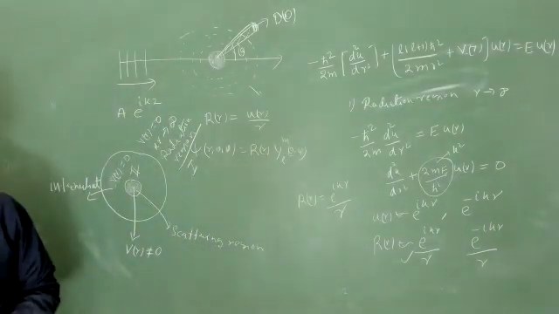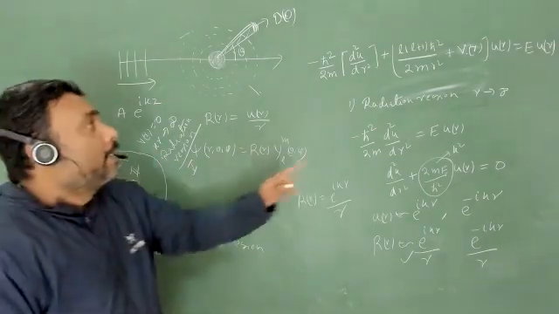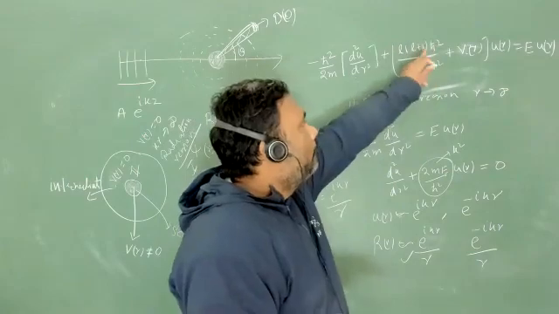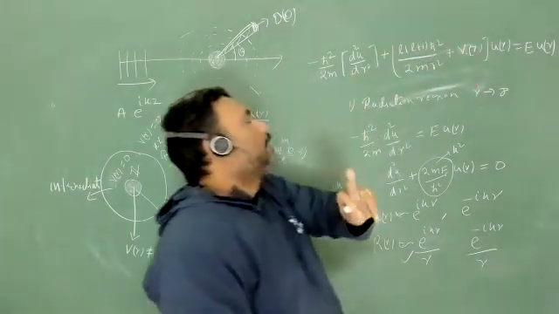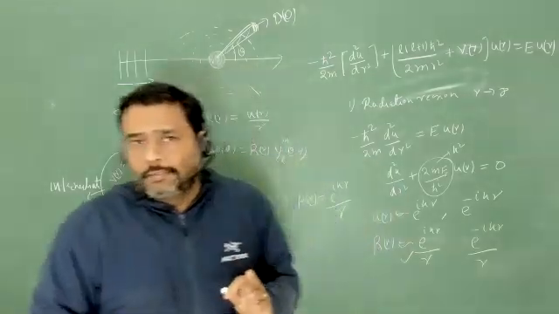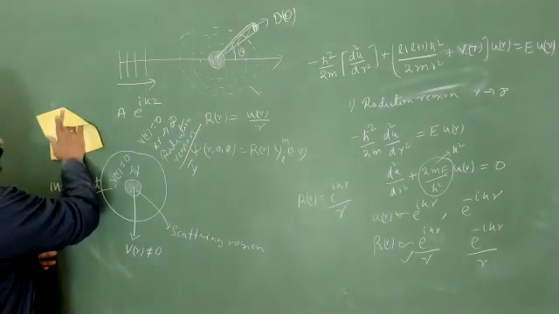Let us try to go for the solution in the intermediate region where the L part will be there. This centrifugal part will be there, but the effect of potential is not there because potential is very small. So this is a very important thing.